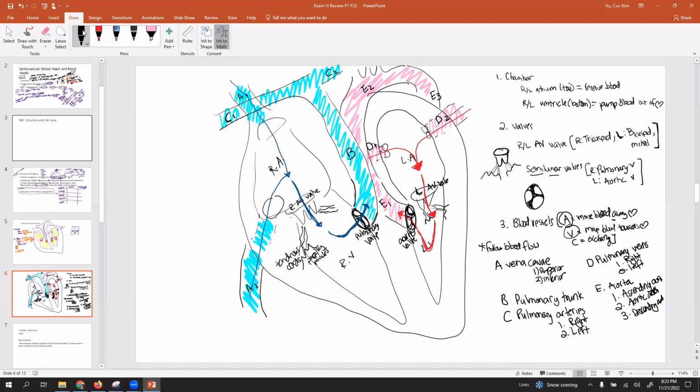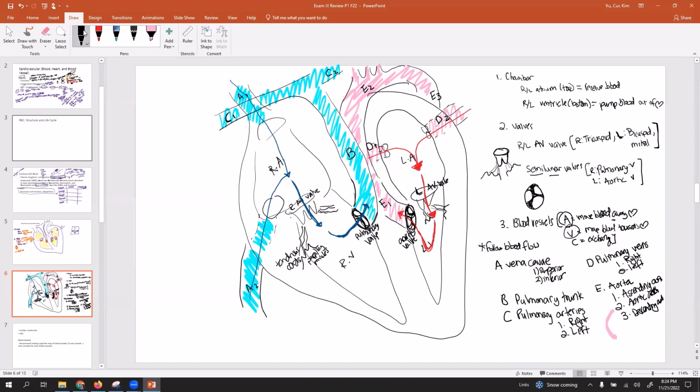Okay, and almost done. Off of the arch of aorta, or the aortic arch right here, we have 3 branches: 1, 2, 3.